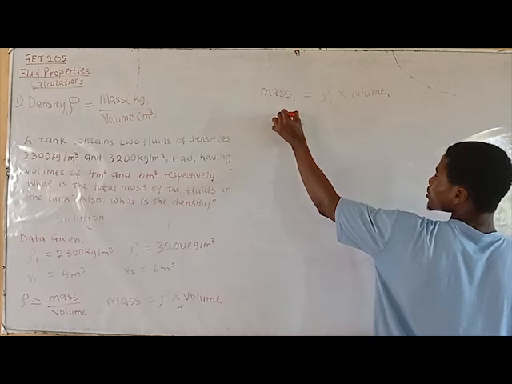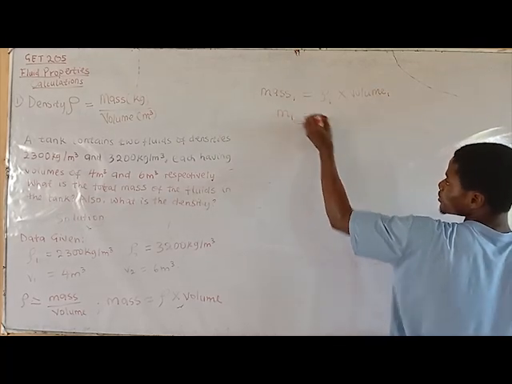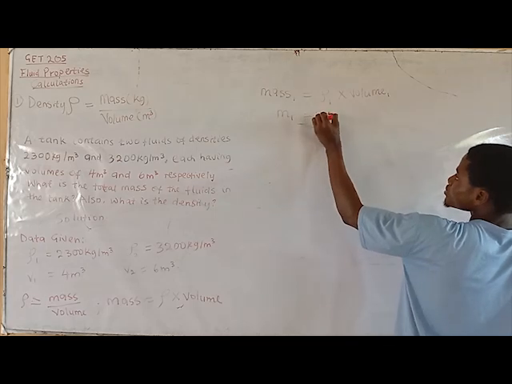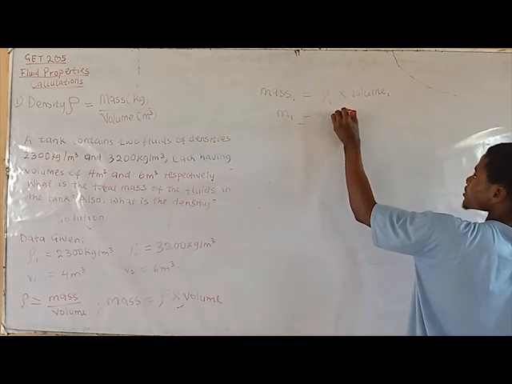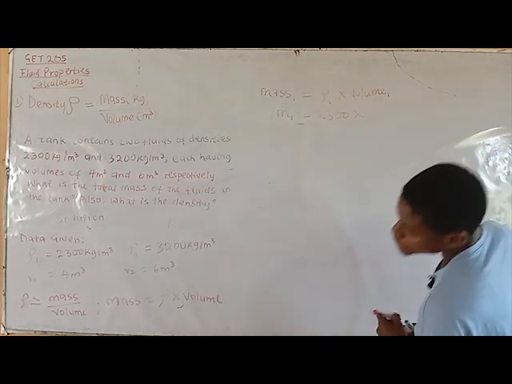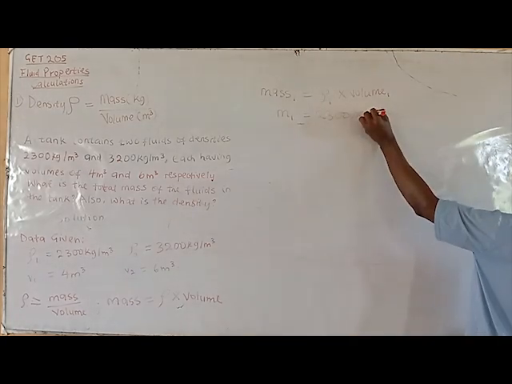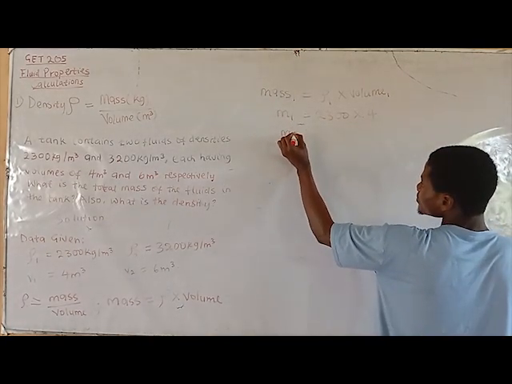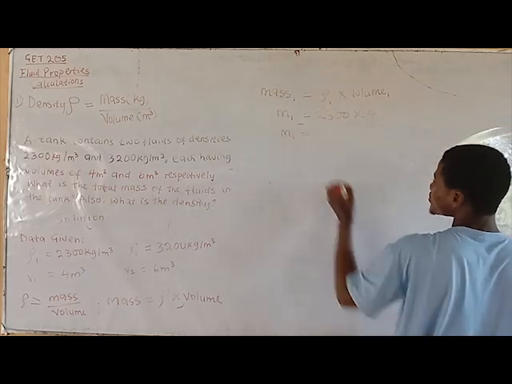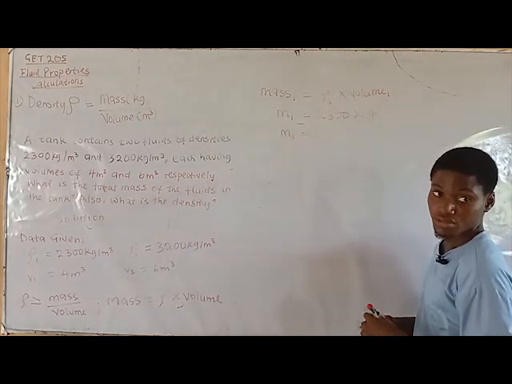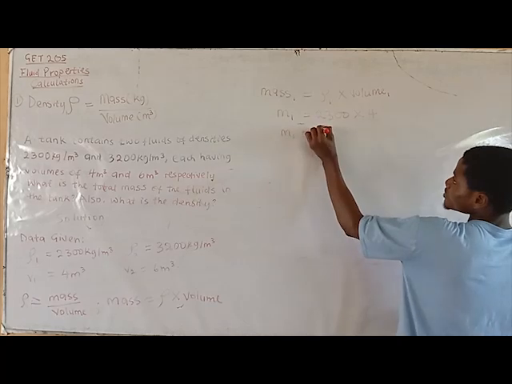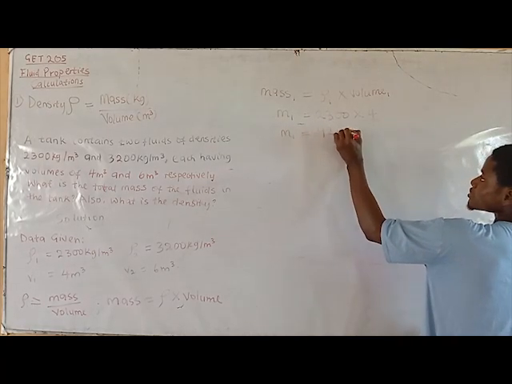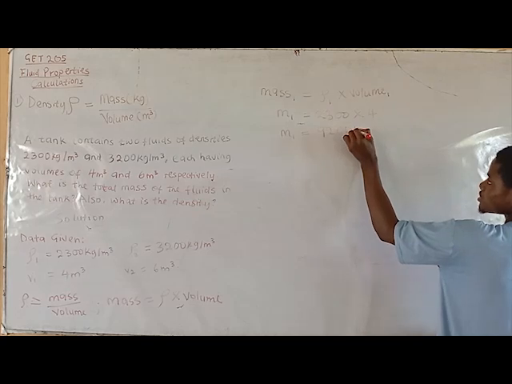So mass 1, let's call it M1, equals density 1, which is 2300, times volume 1, which is 4. So you do the calculation. It's 9200 kg.